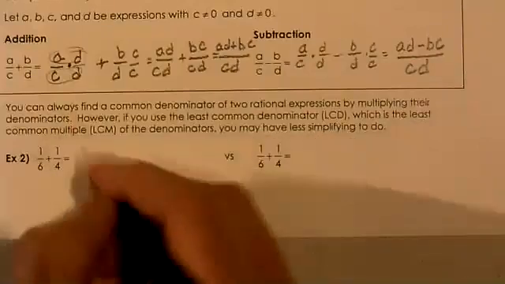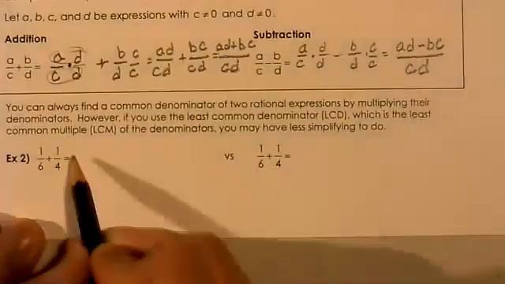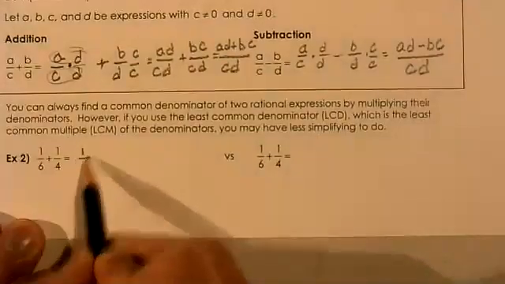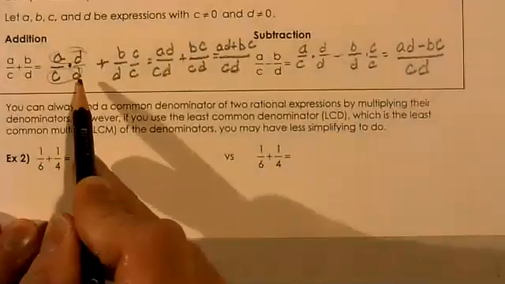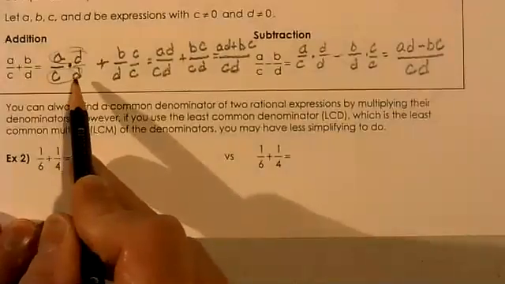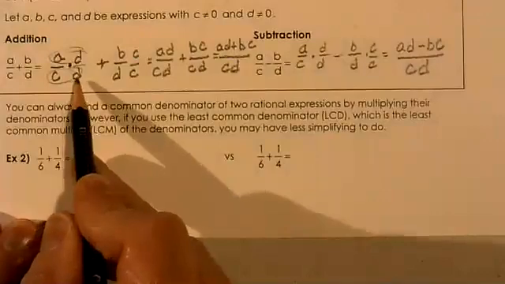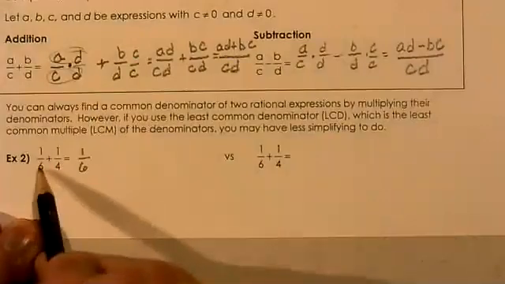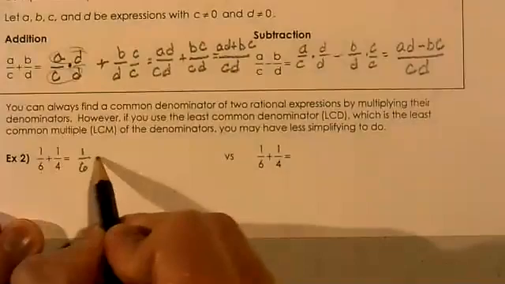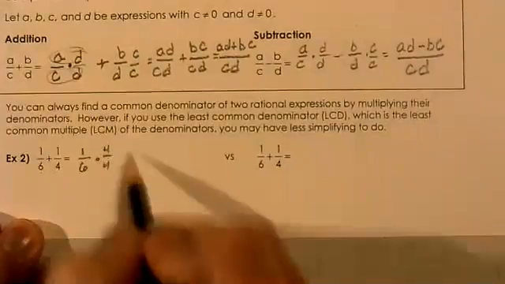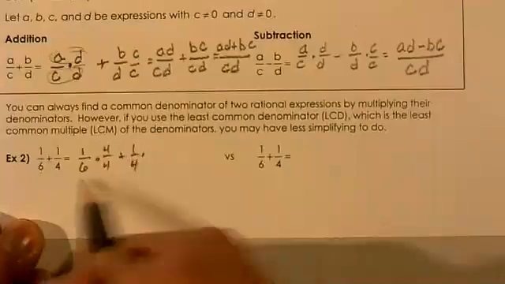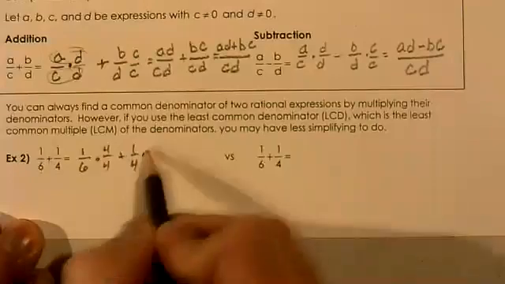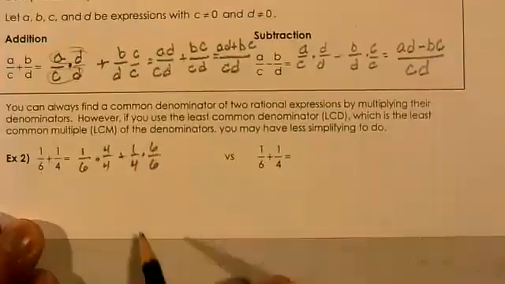So what they're saying here, one option is always to do like we did up top. Because I didn't have a 4 in this one, I'm going to multiply by 4 over 4 on the first fraction. I don't have a 6 in this denominator, so I'm going to multiply by 6 over 6.